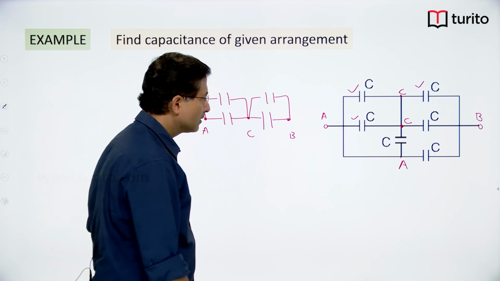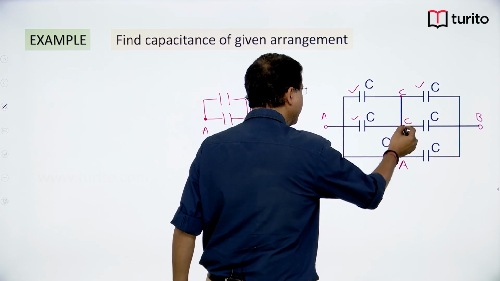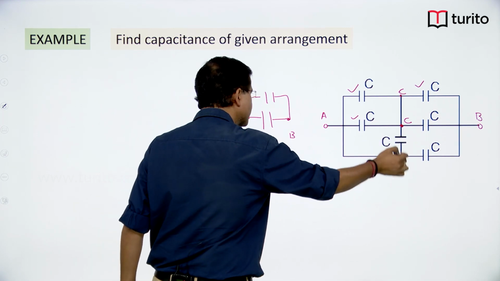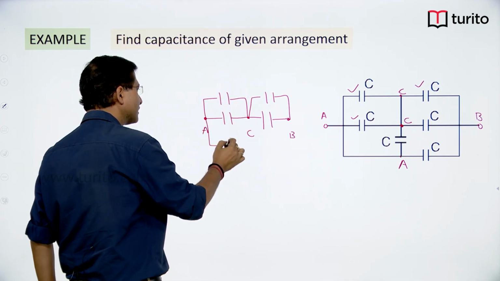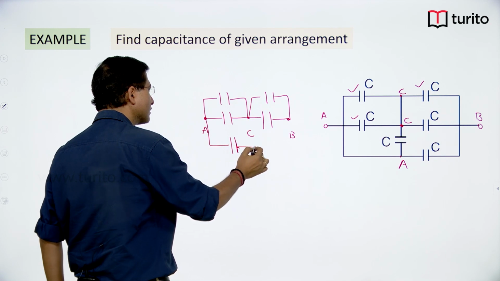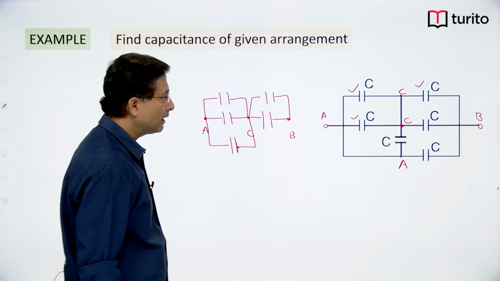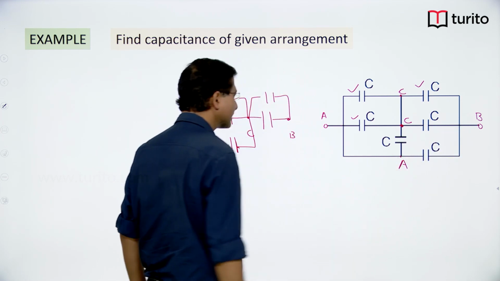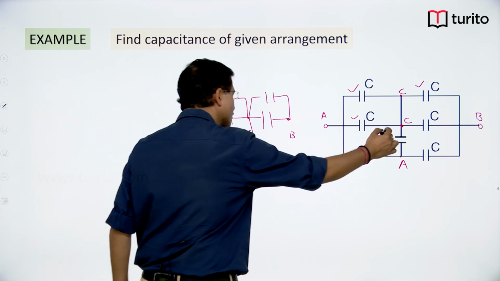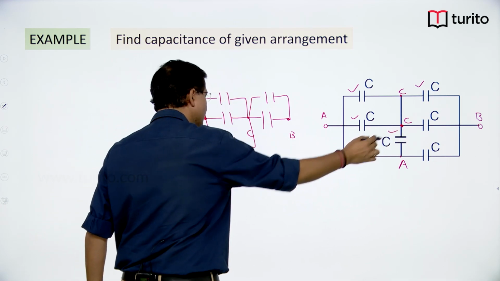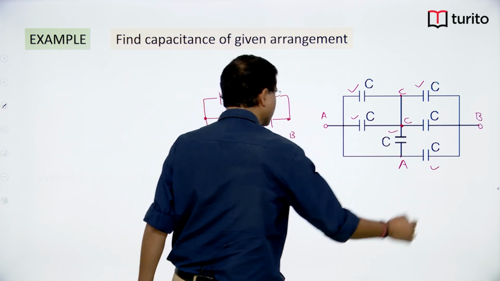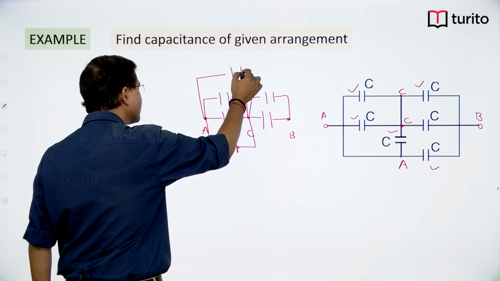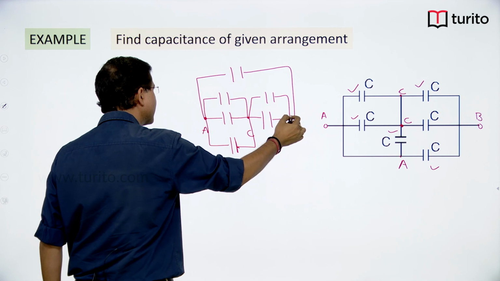Now between A and C I can see one more capacitor, so I will place one more capacitor between A and C. And then the last one, A and B, is directly connected by this capacitor. So this one is also over, and the last one is between A and B. This way I can draw.